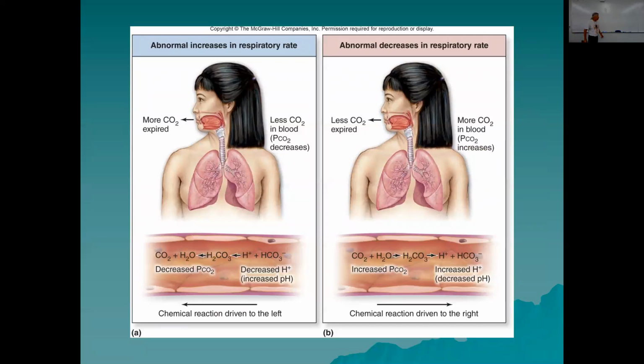And then respiration rate, remember, can adjust pH changes. If your blood becomes too alkaline, your breathing rate will go down. If your blood becomes too acidic, your breathing rate will go up to blow off more CO2.